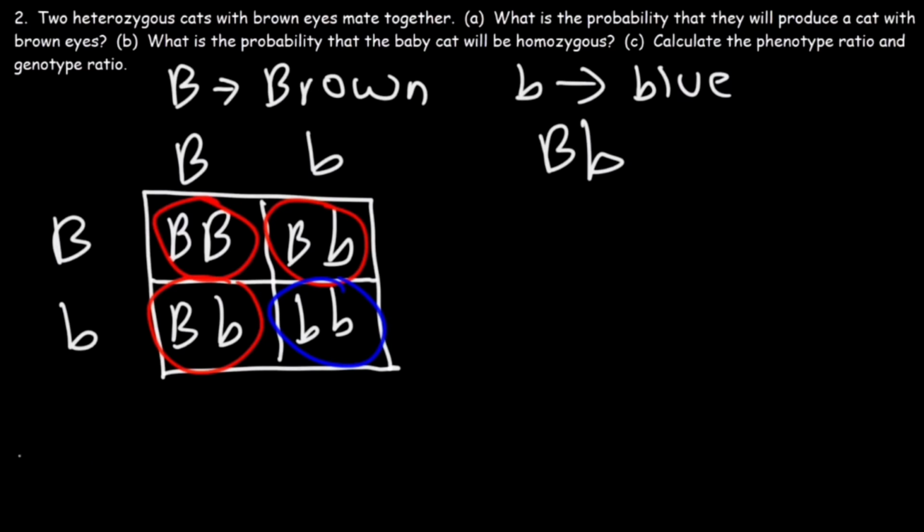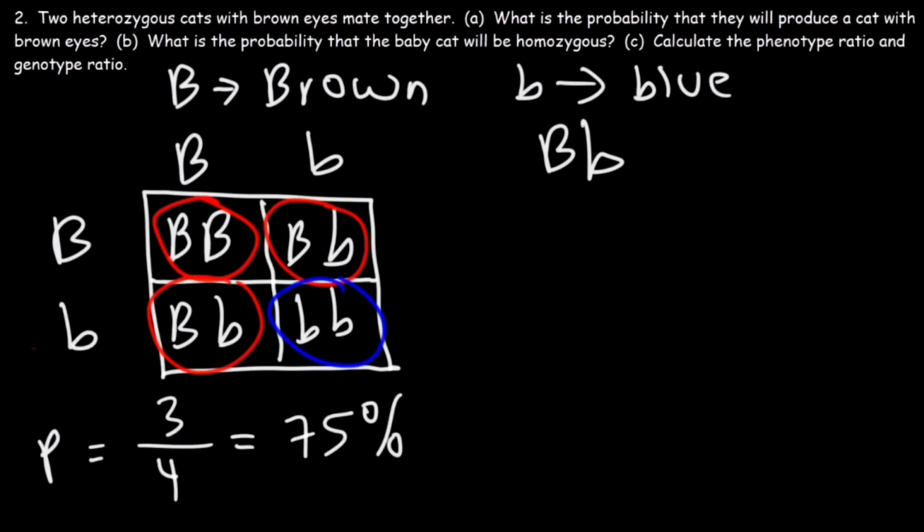So out of 4 cats, 3 of them will have brown eyes. The probability will be the 3 cats with brown eyes out of a total of 4. 3 divided by 4 is 0.75. If you multiply that by 100, you're going to get 75%. So that is the probability that they will produce a cat with brown eyes.